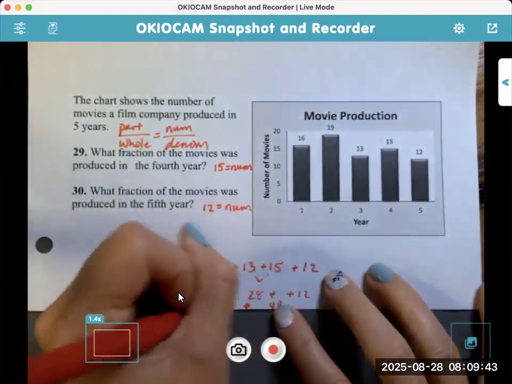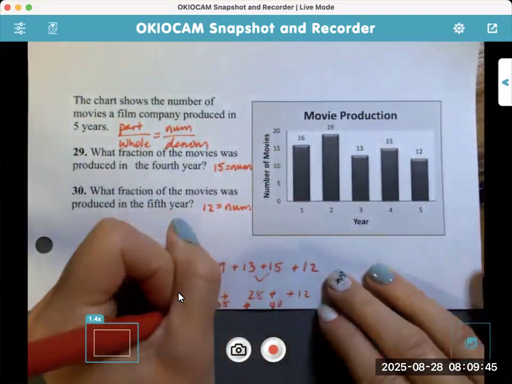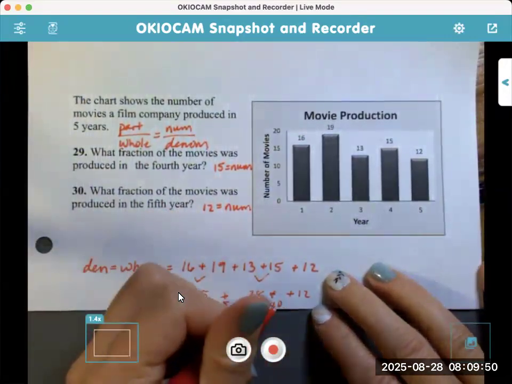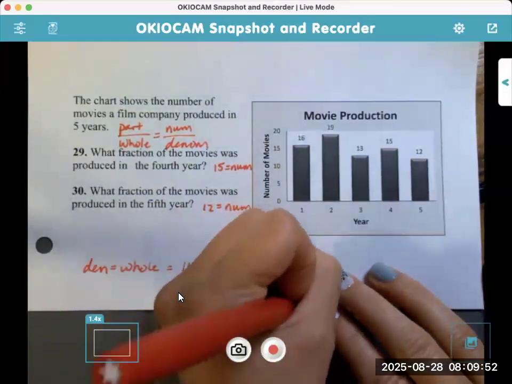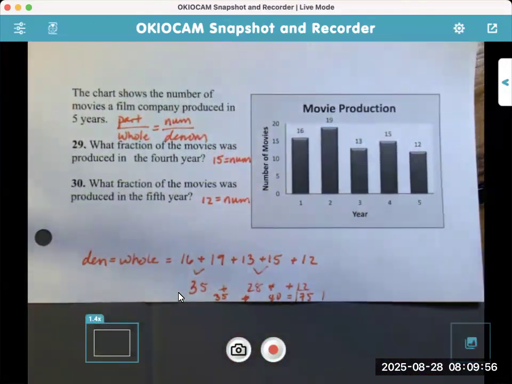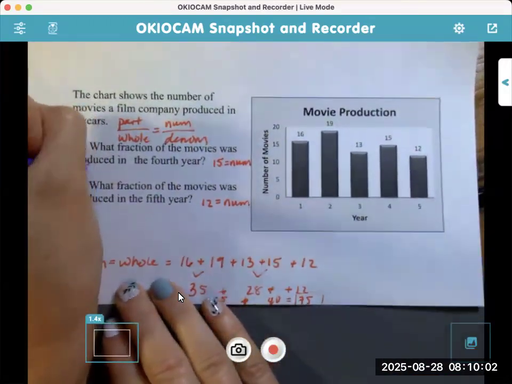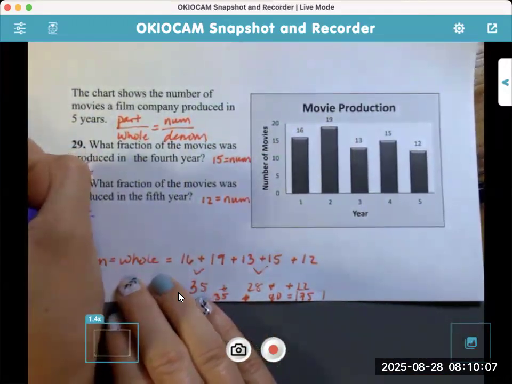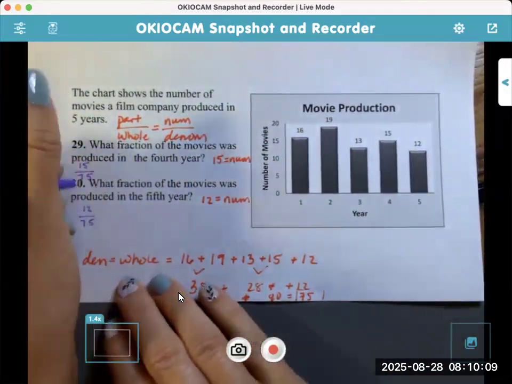So then 35 plus 40: 5 plus 0 is 5, 3 plus 4 is 7. So it's 75 movies total. So what's the fraction? 15 over 75, 12 over 75.